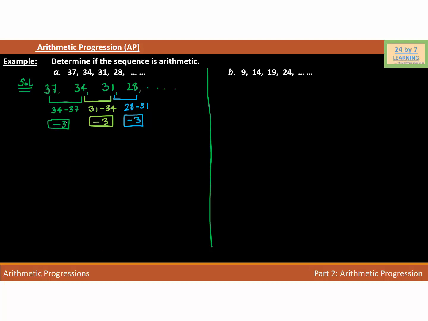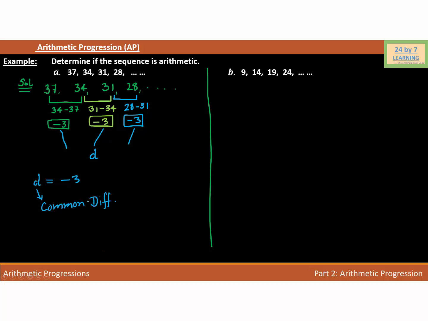So as you can see, the difference between any two consecutive numbers is negative 3. Basically, I can definitely say that these differences are a common difference, which is D. So I can write D is negative 3, which is my common difference.